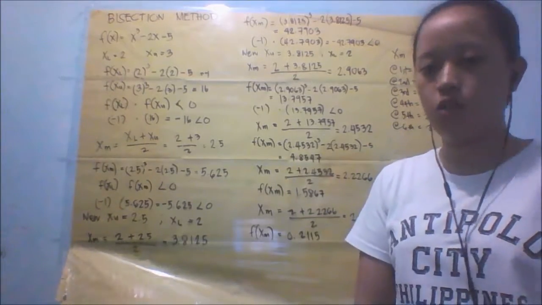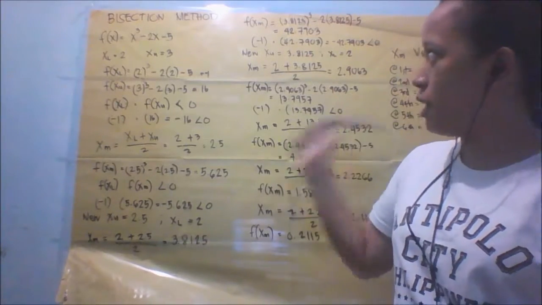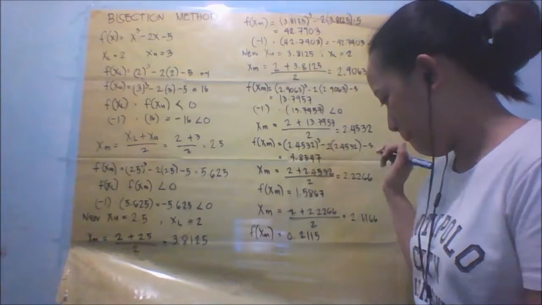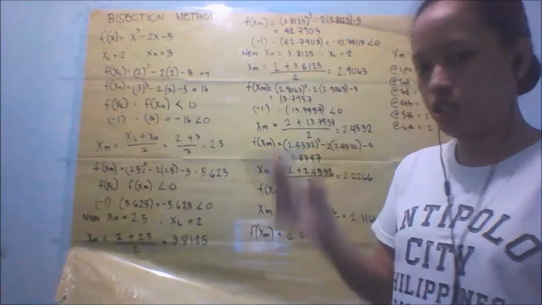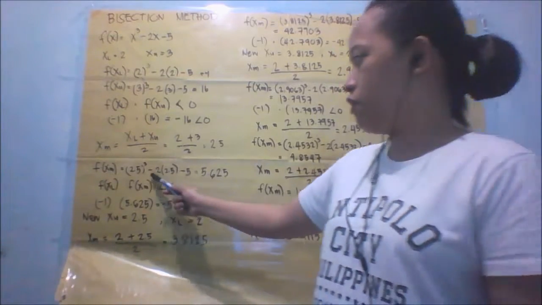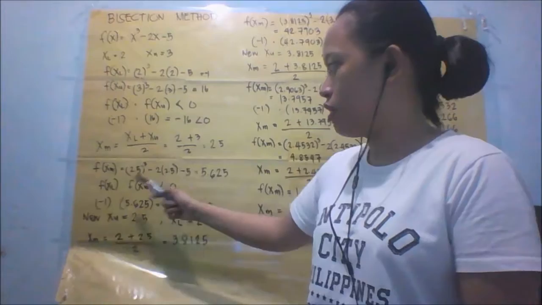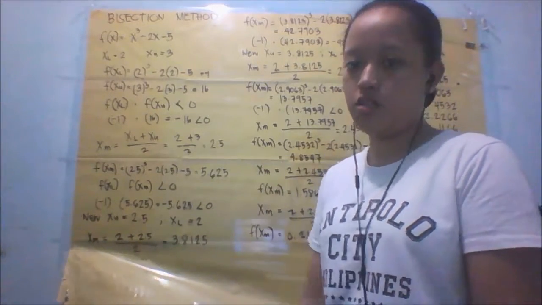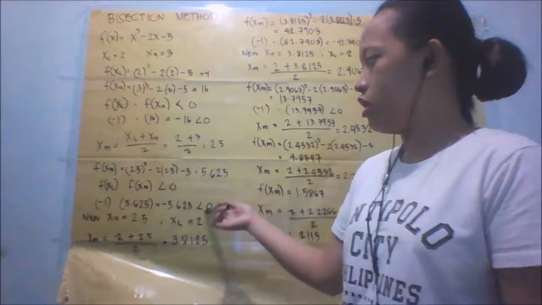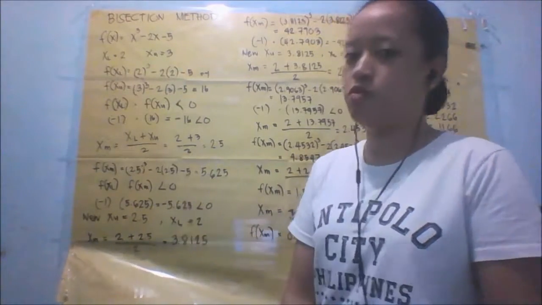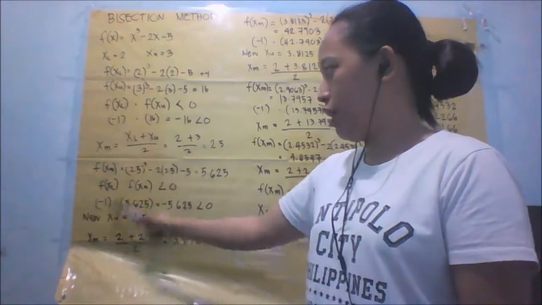5.625. So in the bisection method, there is a condition: if your f of xl multiplied by f of xm is less than 0, or negative, you can set your new xu to your xm.